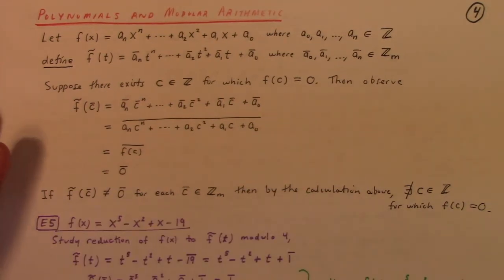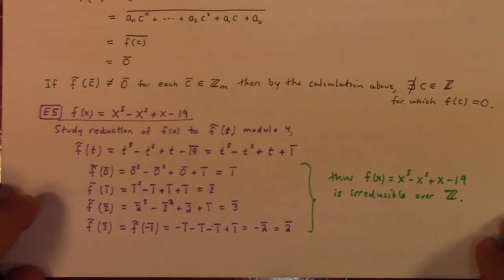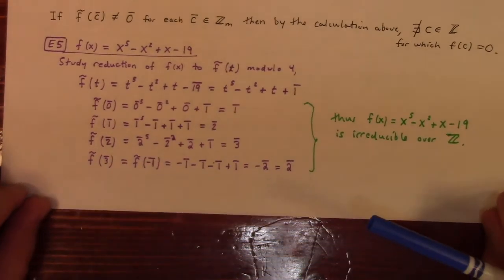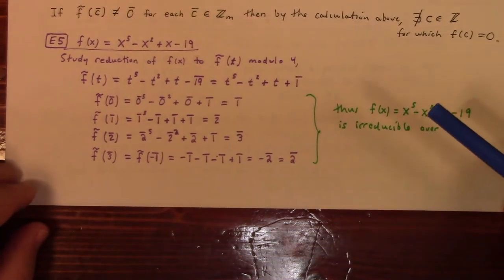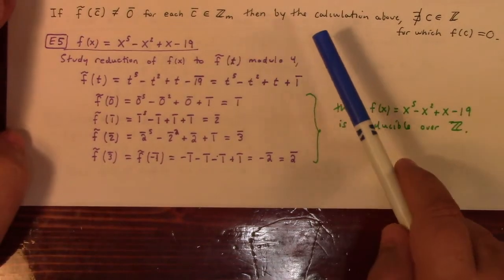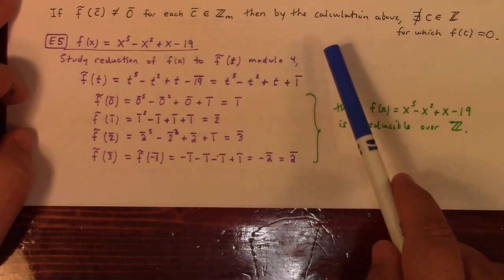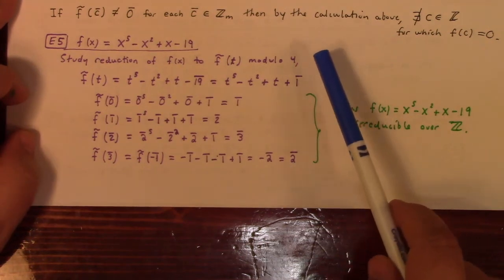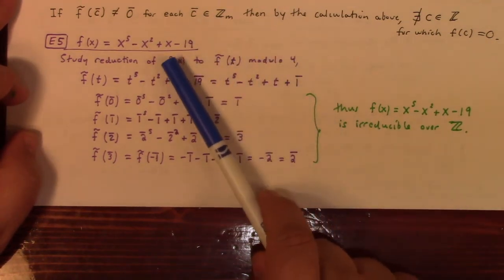If we look at x to the 5th minus x squared plus x minus 19, and we look at the reduction mod 4. Now you might wonder why we did mod 4.